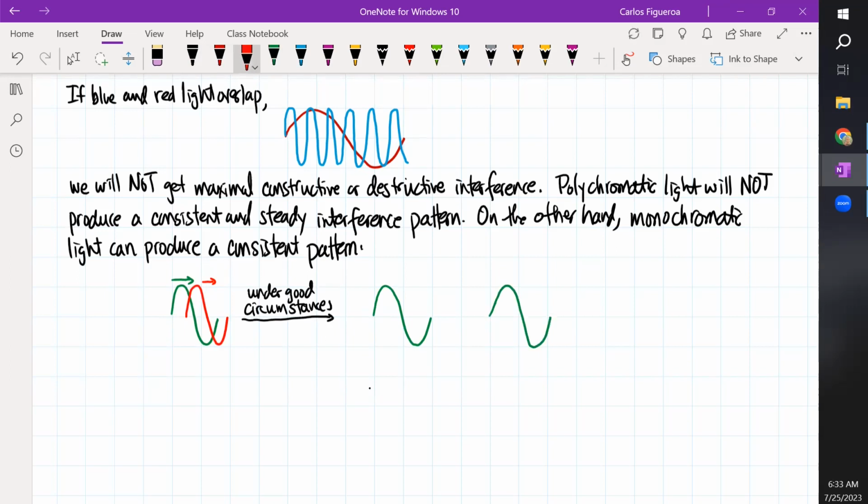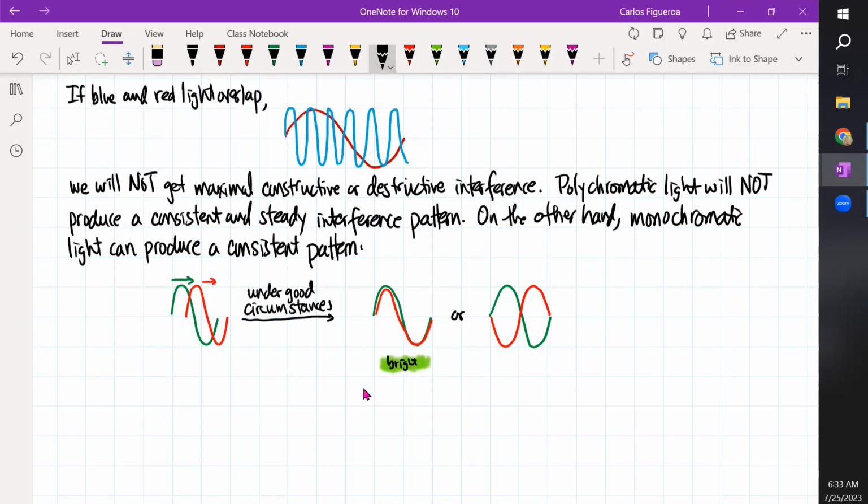We could either have these waves overlapping in phase or these waves being out of phase, which in this case will give us a bright fringe.